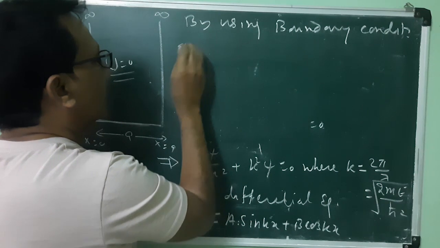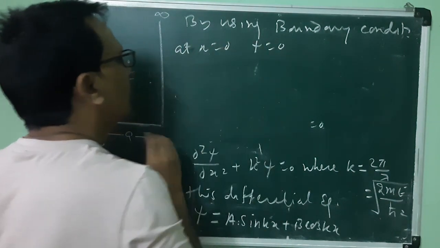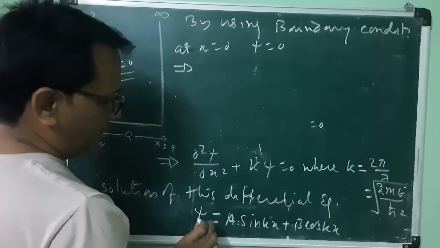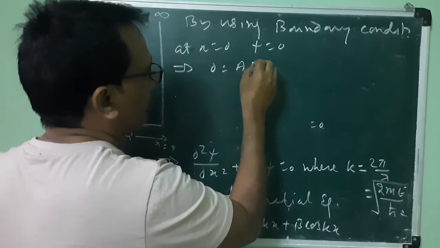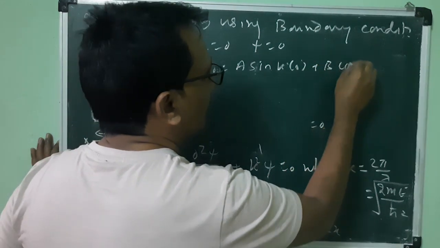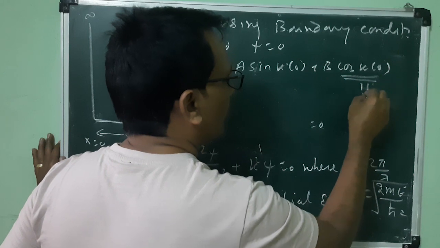that at x equal to 0, psi is equal to 0. So we will have 0 equal to A sin k multiplied by 0 plus B cos k multiplied by 0, and cos 0 is not equal to 0, it is equal to 1.